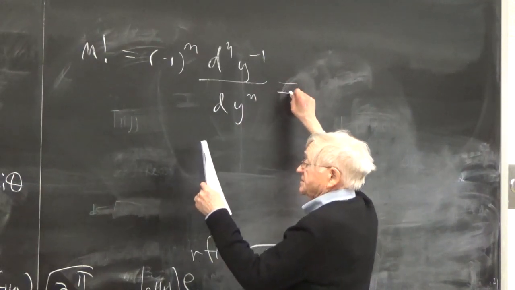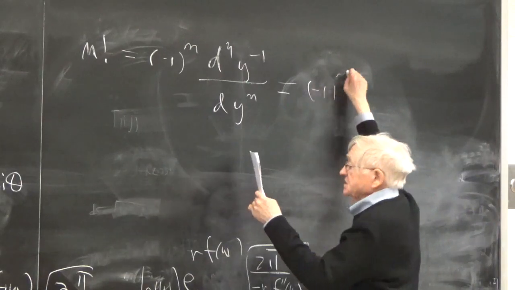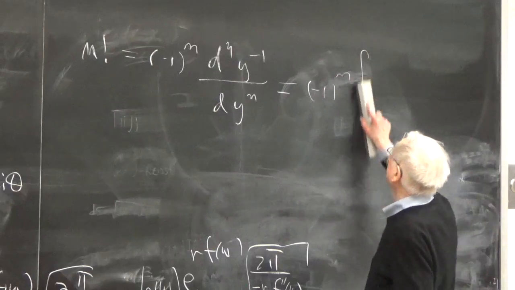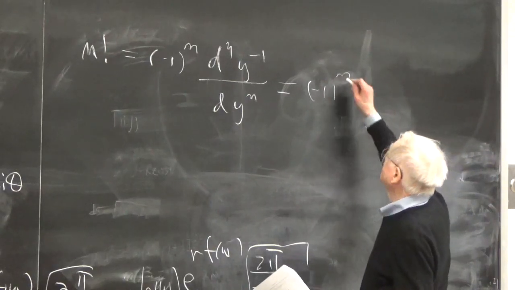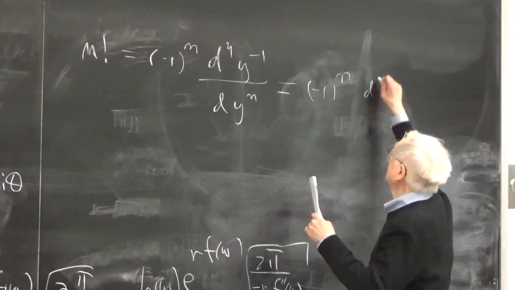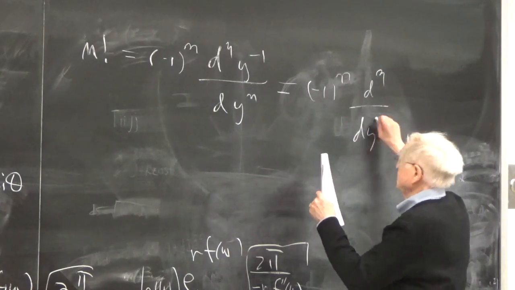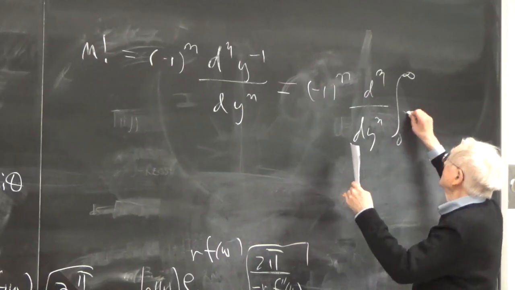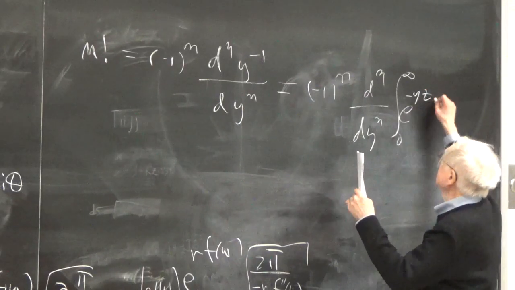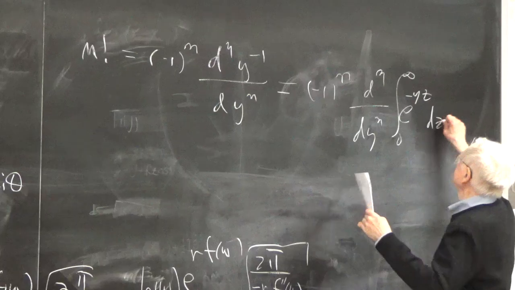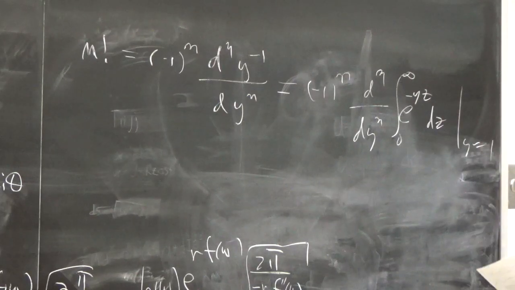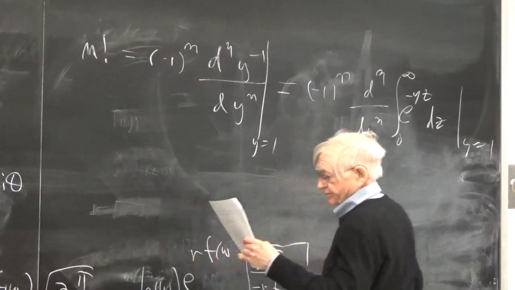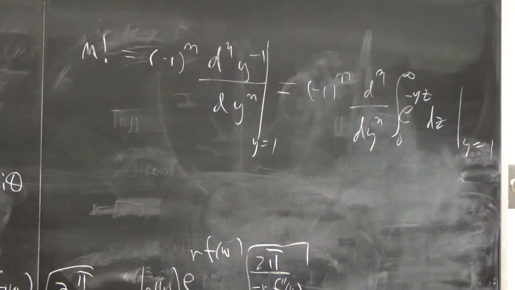And so that's the same thing as minus 1 to the n, d^n dy^n of the integral 0 to infinity e to the minus yz dz at y equal to 1.